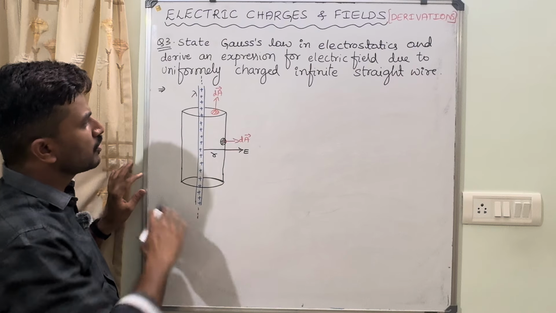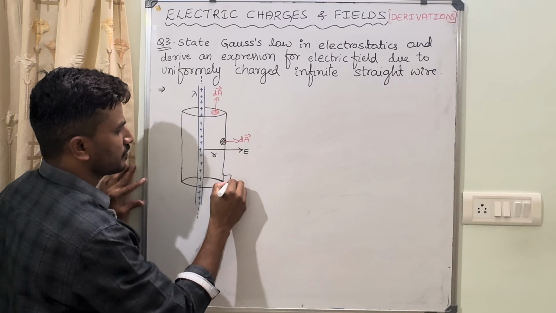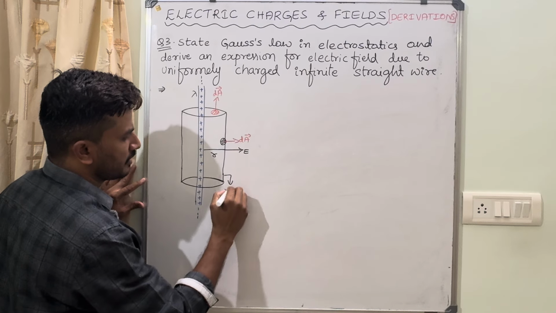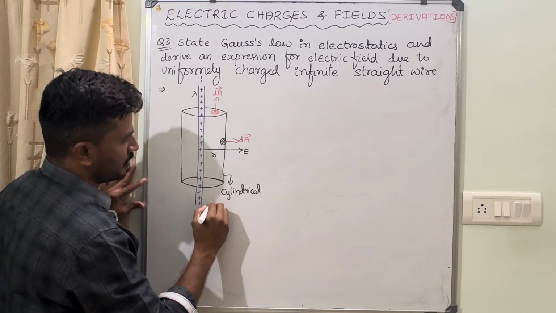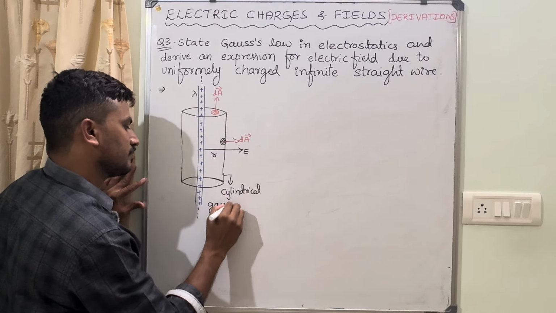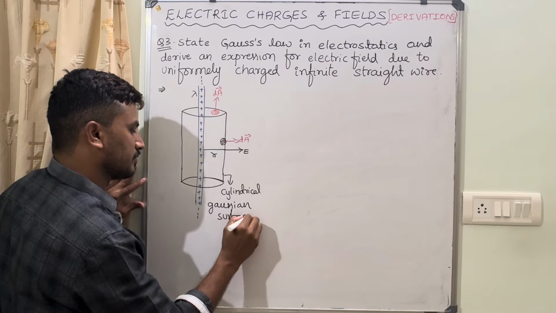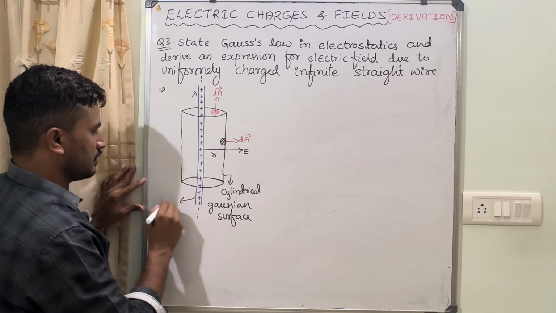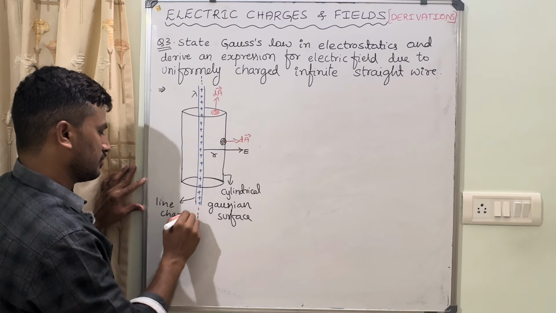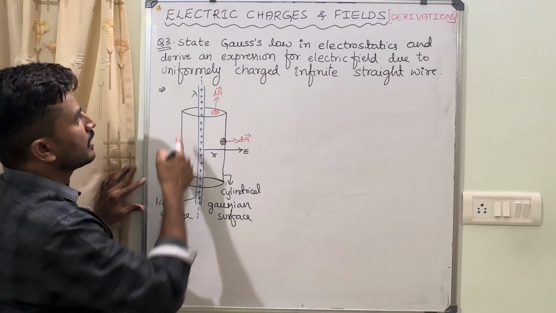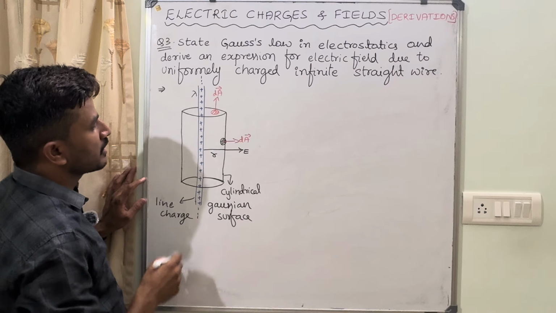Now, this is the cylindrical Gaussian surface, and this is the line charge or linear charge distribution, and lambda is the linear charge density. Total charge is q, which you can consider inside it.